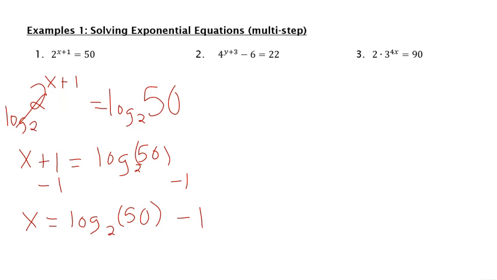We end up having to use the base change formula, so if I was to go ahead and write this out, we would get the log of 50 over the log of 2. And then in your calculator, you might actually even put a parenthesis around it. So you would put a parenthesis, log 50, close parenthesis, a division key, log of 2, and then close those parentheses, and then subtract 1.